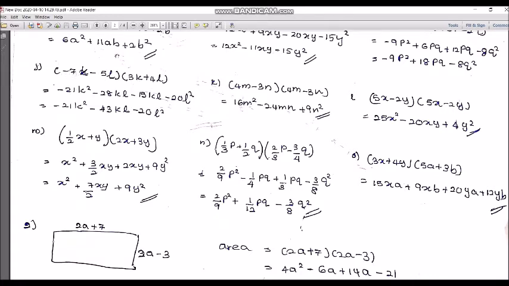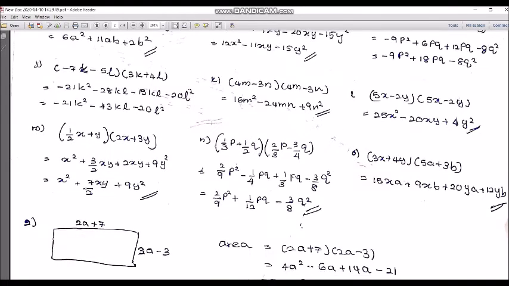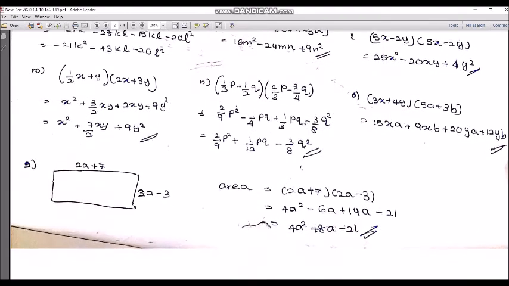Minus 7k into plus 4l, minus 28kl. Minus 5l into plus 3k, minus 15kl. Minus 5l into plus 4l, minus 20l squared. So these are the same, you can see in the video.